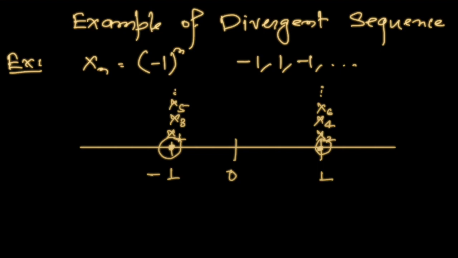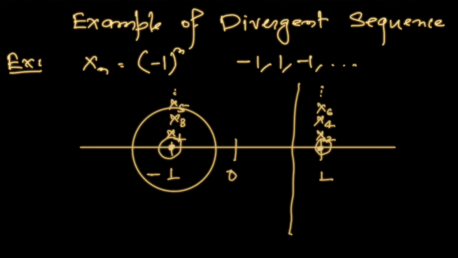If you take epsilon which is sufficiently small, then you can see that there are infinitely many terms, even terms, which are outside this radius. We know that if we can find an epsilon such that around a point infinitely many terms are outside that circle, then the sequence diverges. Here we can find such an epsilon.